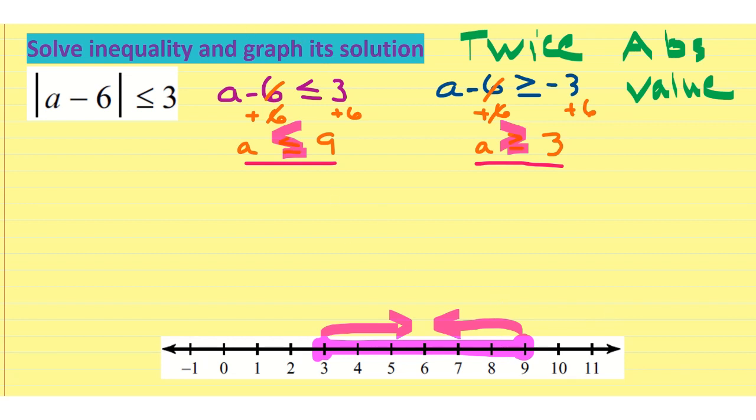So how do we combine both of these pieces into a single inequality statement? Well, we used A as our variable, so all of our A's are in between these two numbers. The A's are in the middle, between 3 and the 9.